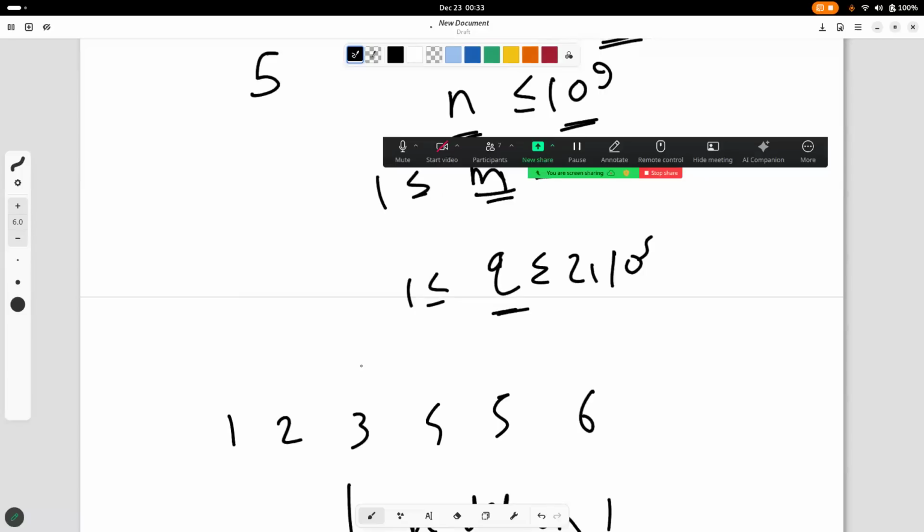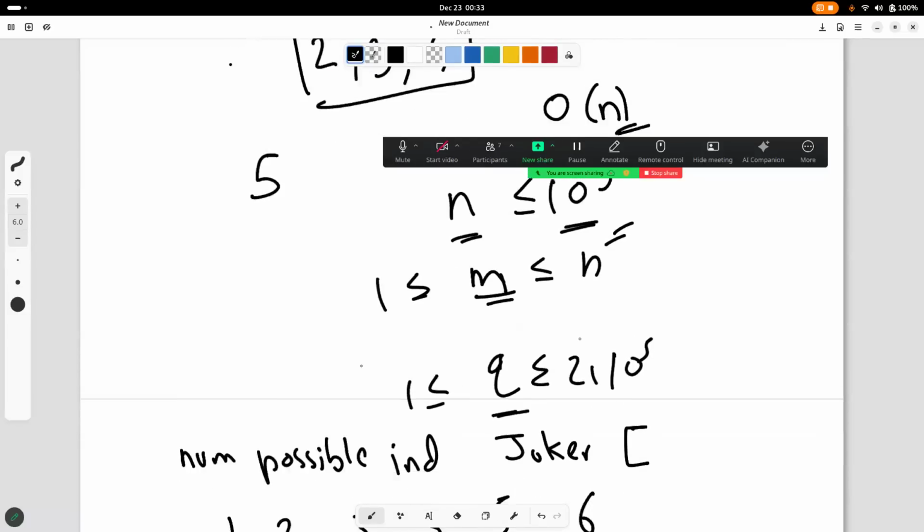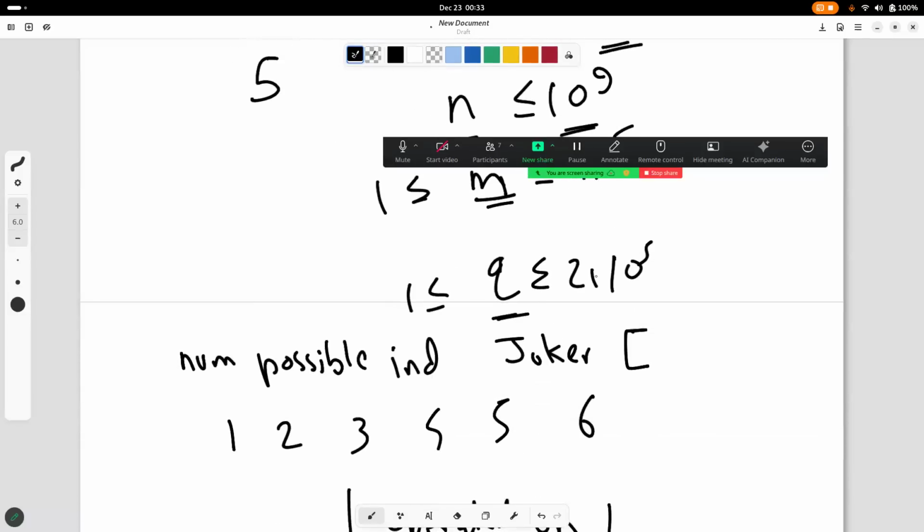Now, since you want the number of possible indices of the Joker, and n can be a very big number, up to 10 power 9, it's always a good idea to maintain the ranges, because usually with such operations the ranges increase rather than randomly opening up indices.